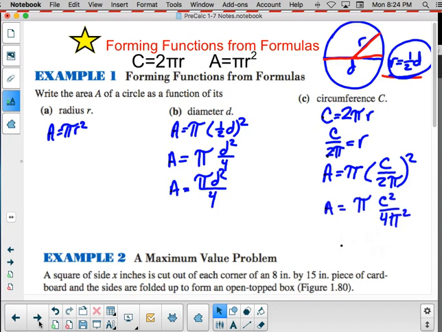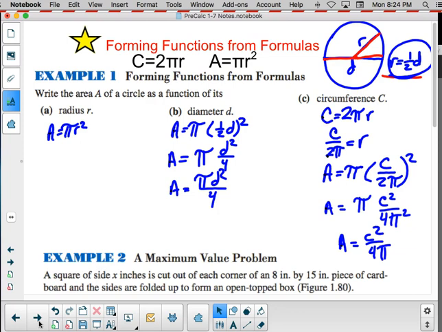So I've got c squared over 4 pi as my area in terms of circumference, or I should say area as a function of circumference c.